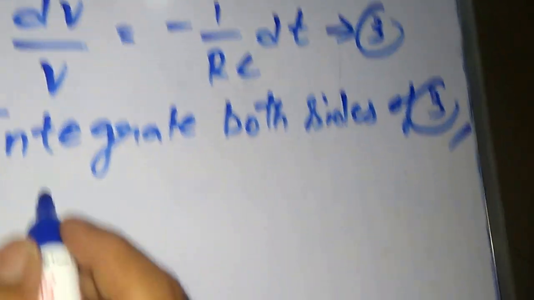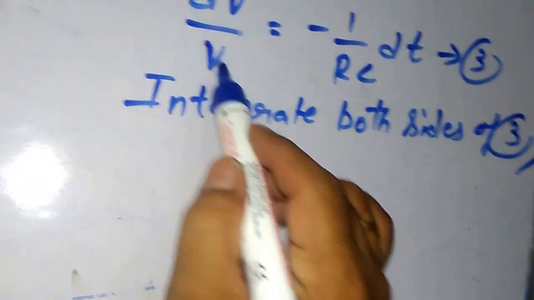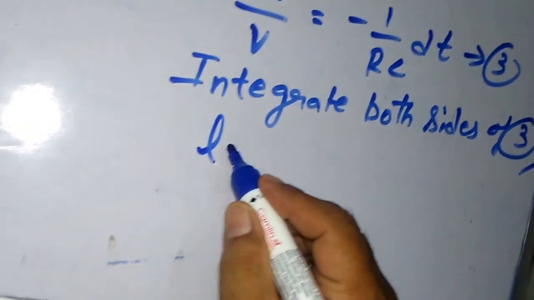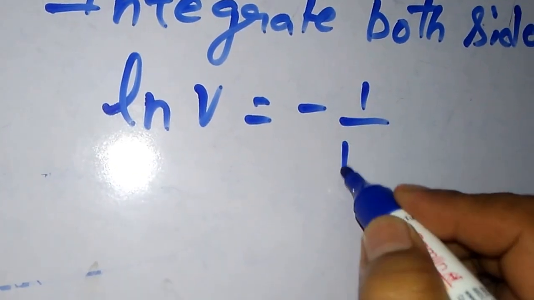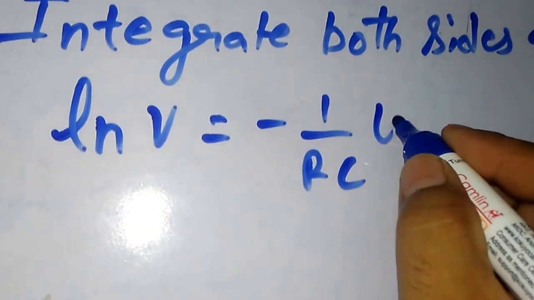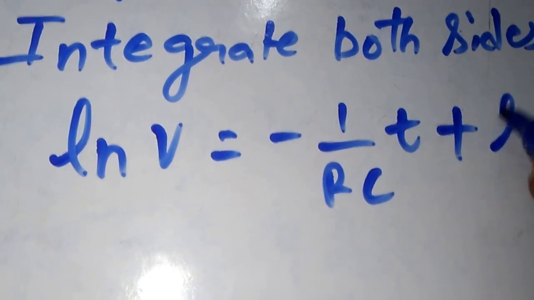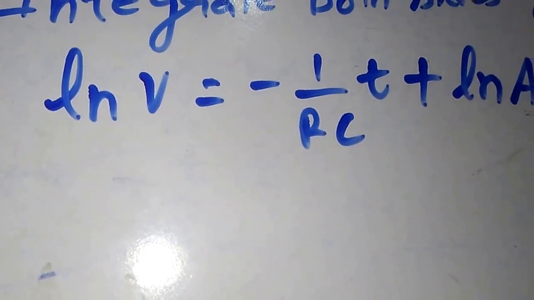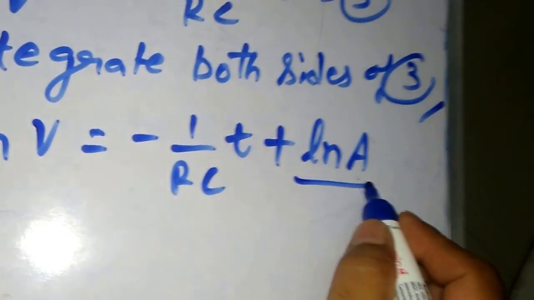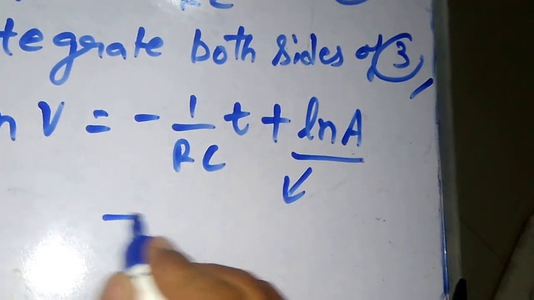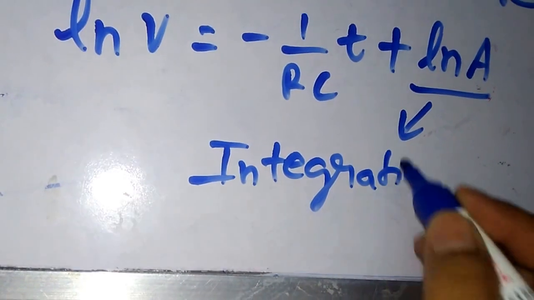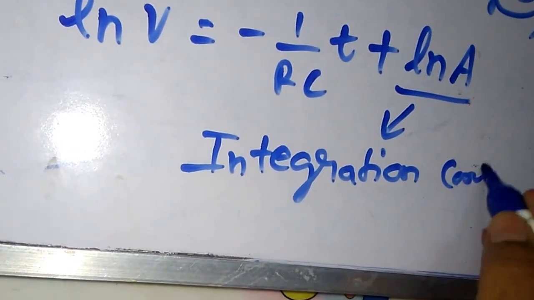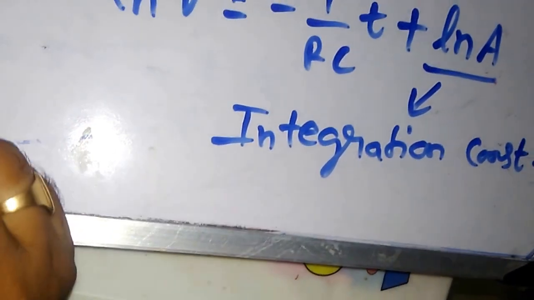When you integrate it, you'll get the integral of dV by V as natural logarithm of V, which is equal to minus 1 by RC into t plus natural logarithm of A. In this equation, this log A you can call the integration constant.